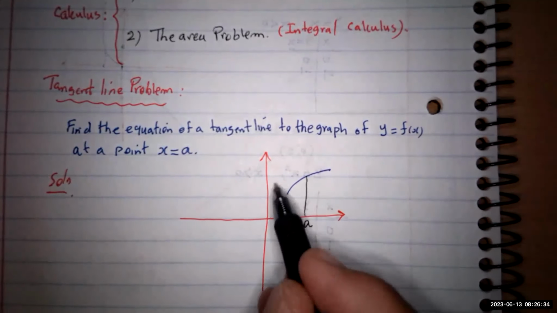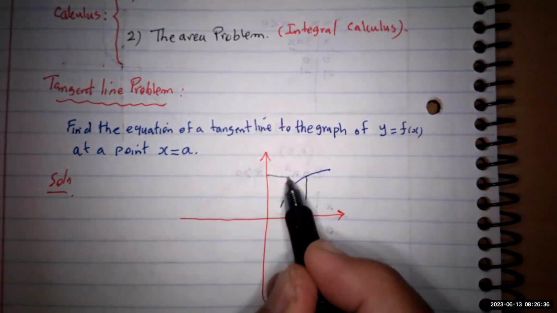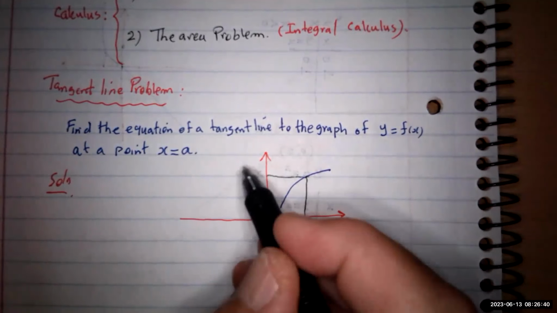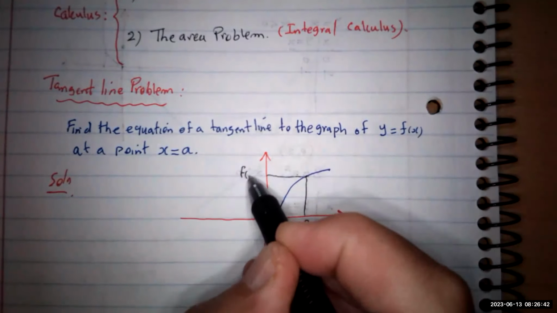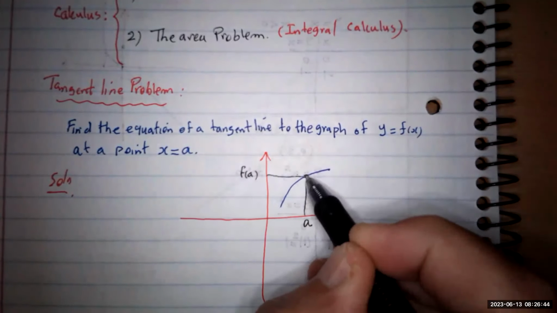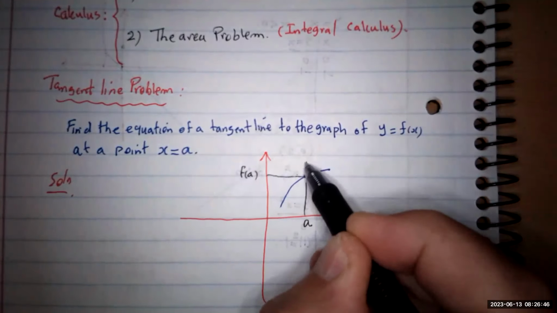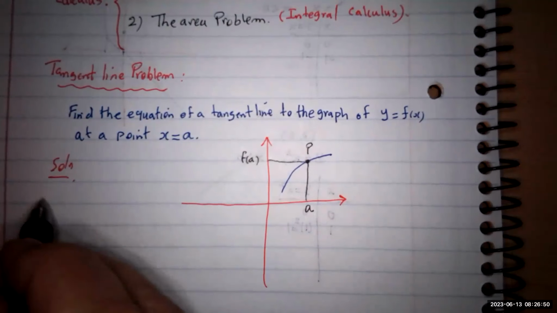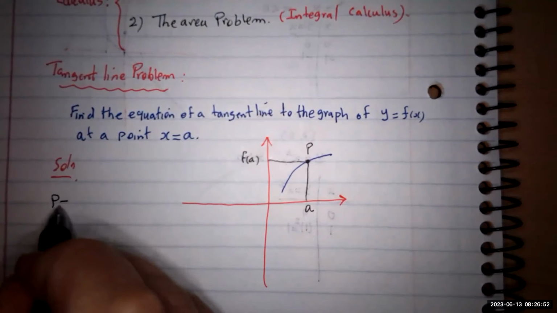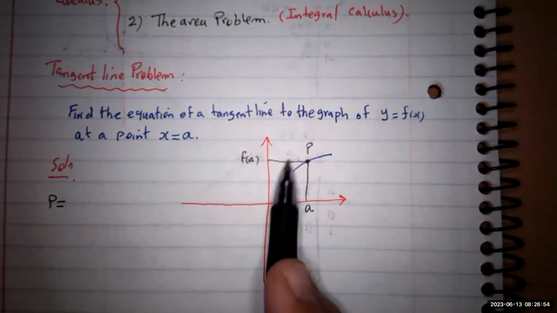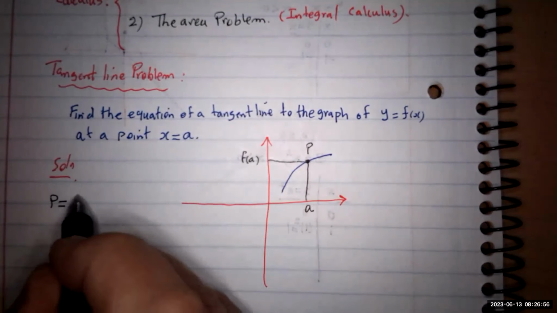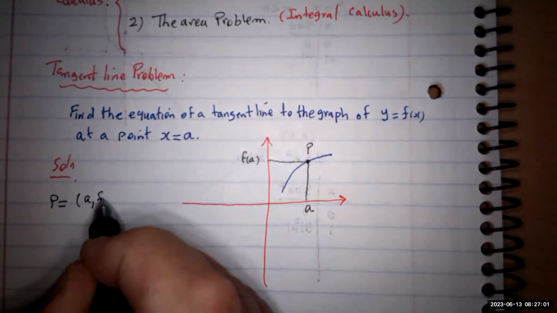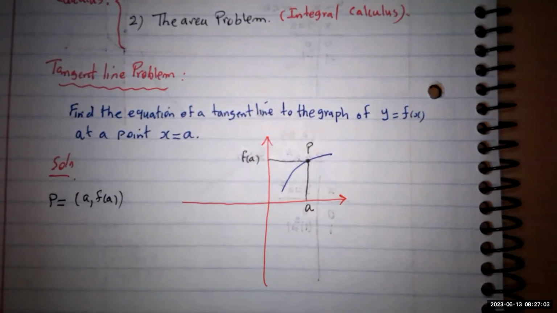You know that you can find a point with the coordinate: we drop the x into the function, so we get f of a. Then we have a point here, and we call this point P. So the first thing I do is substitute to get the point P, with coordinates a and f of a.